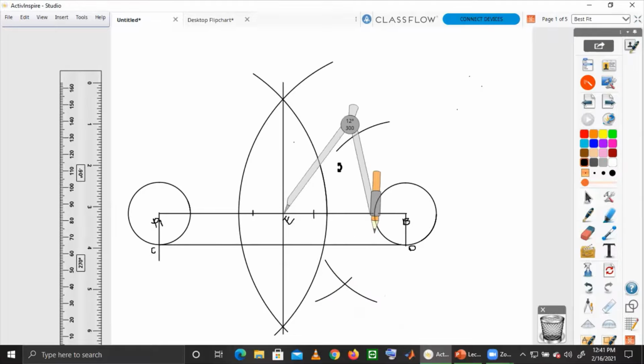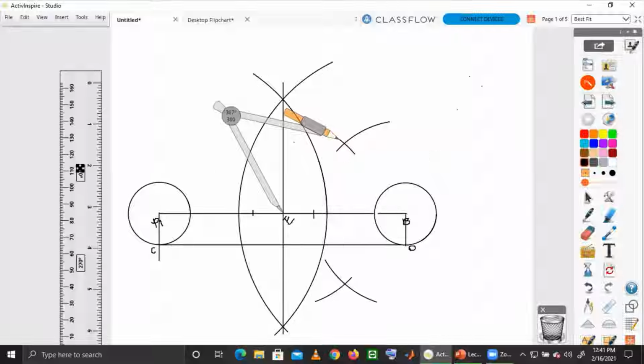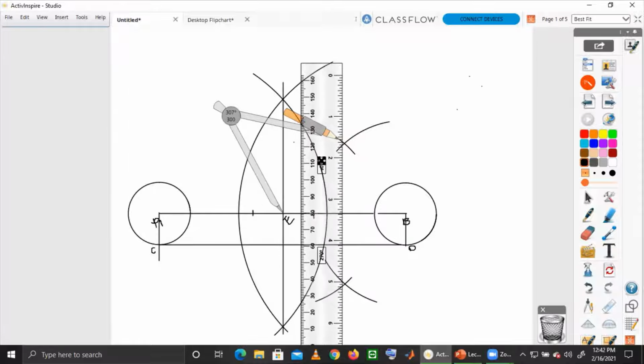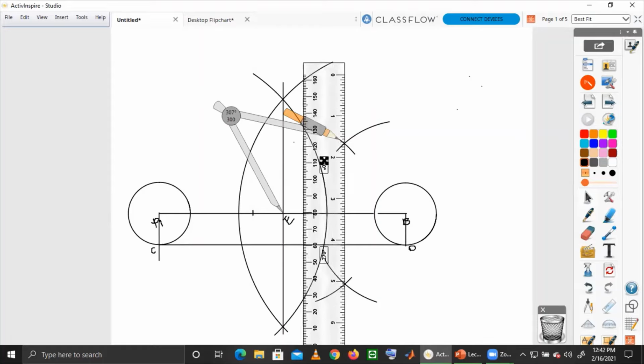Again, position my compass pencil well, and then I'll draw my arc. Okay, now that my arcs are drawn, I'll draw my perpendicular bisector in order to obtain point G. Position my rule well.